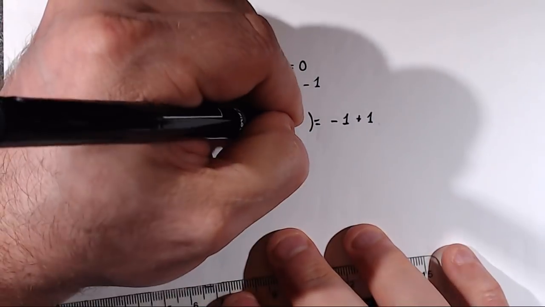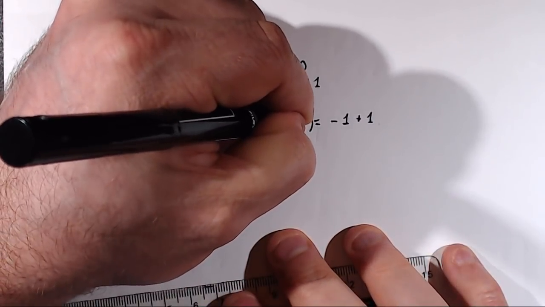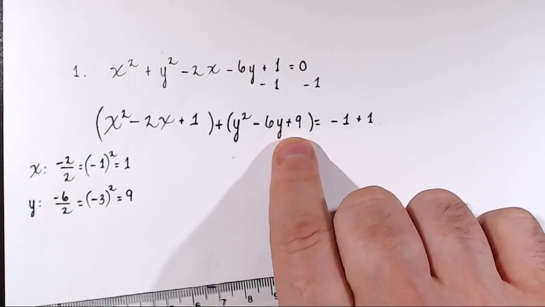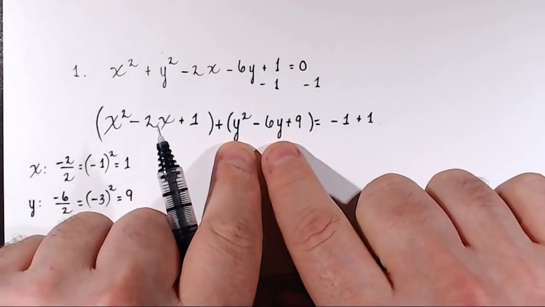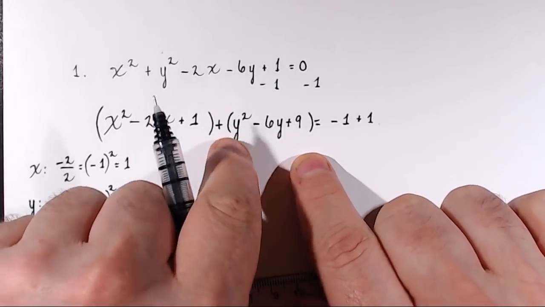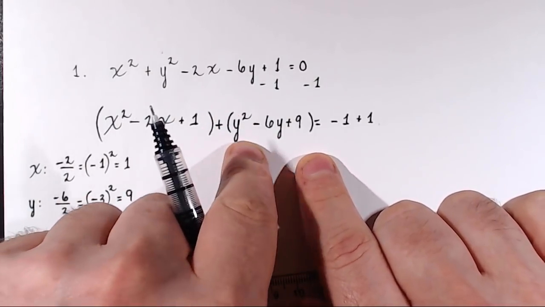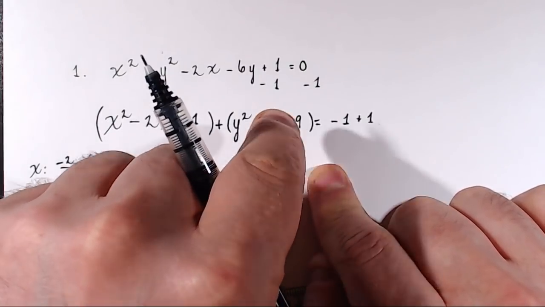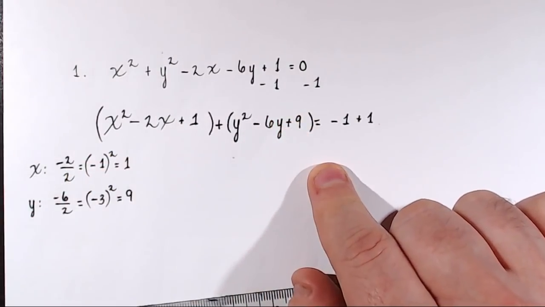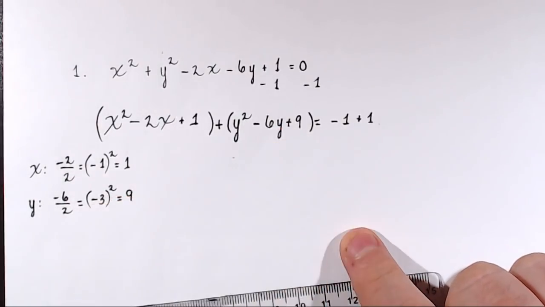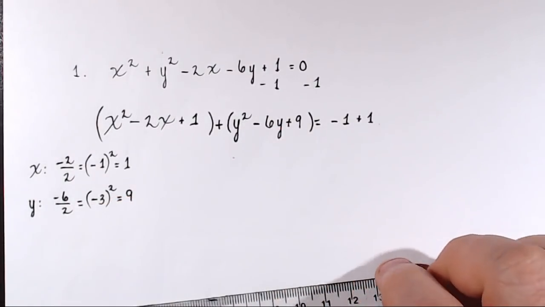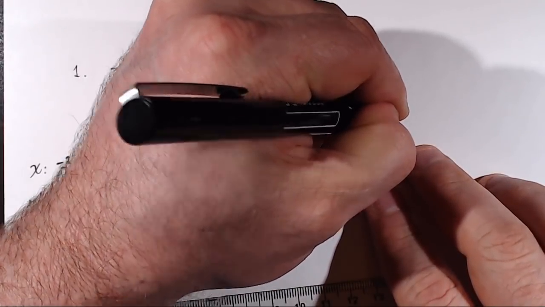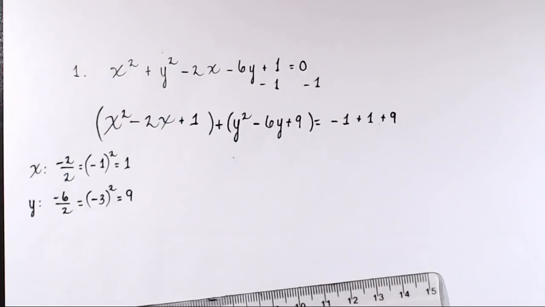I will now add 9 to the y expression, completing the square to make another quadratic in terms of y. Now I have y squared minus 6y plus 9. Because I added 9 to the left side of the equation, I have to keep the equation in balance by going over to the right side of the equation and adding 9.